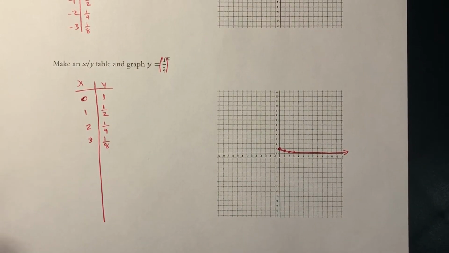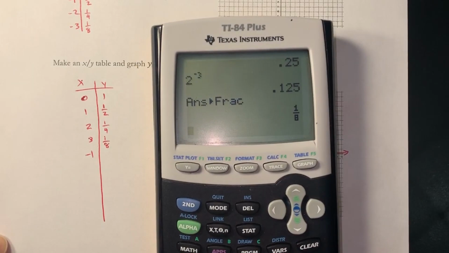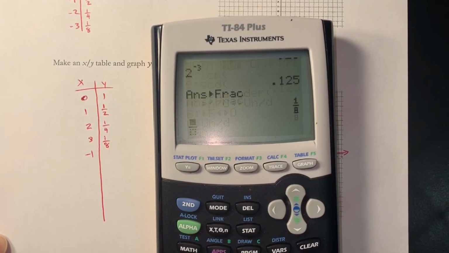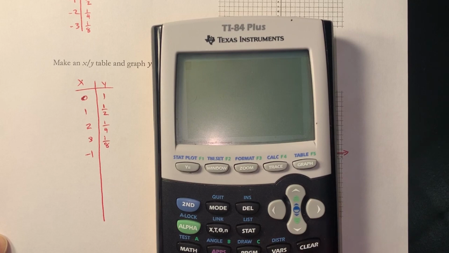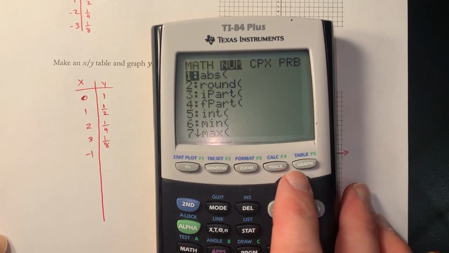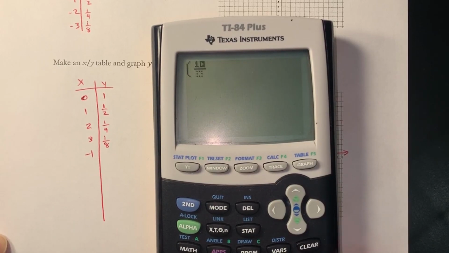Okay. Then on the left side of the graph, negative 1. 1/2 to the negative 1 power, and we'll use the calculator. Use the fraction button on there. So 1 over 2. And I really should have put that in parentheses, so I'm going to start that over. So parentheses, then the math button over 1 to the bottom of the list gives me a fraction, 1 over 2.